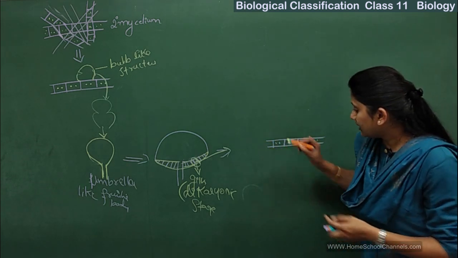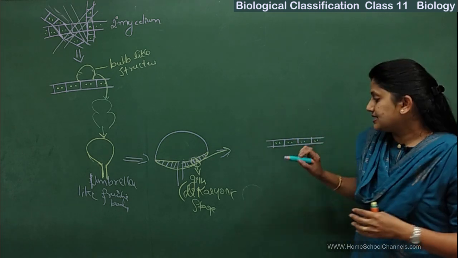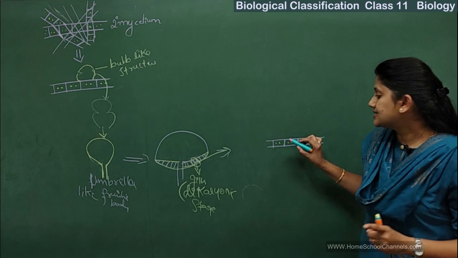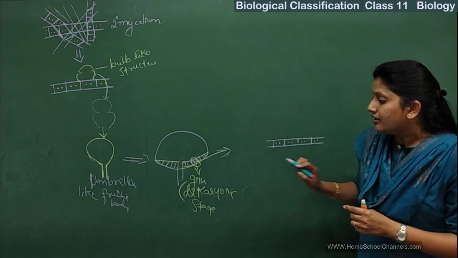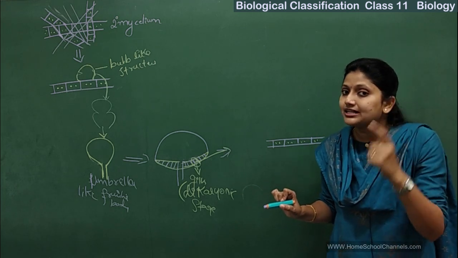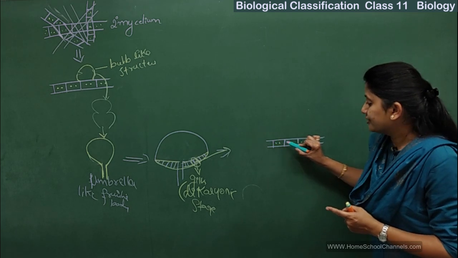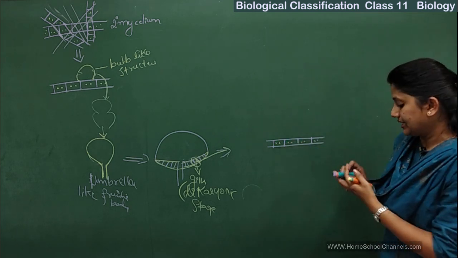So let's imagine about the gill. This is the first layer of the gill. We are only speaking about one single gill. You should have a very clear idea. This is the first layer of one single gill.